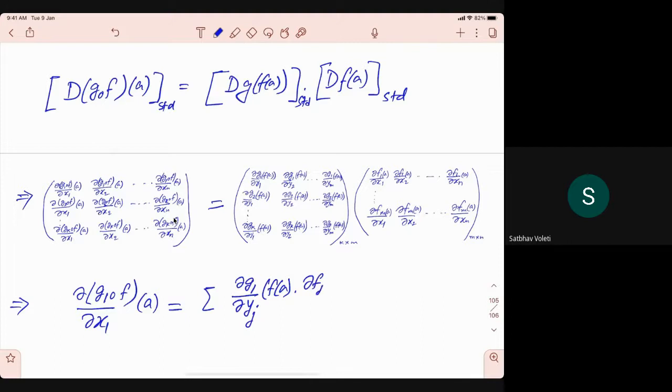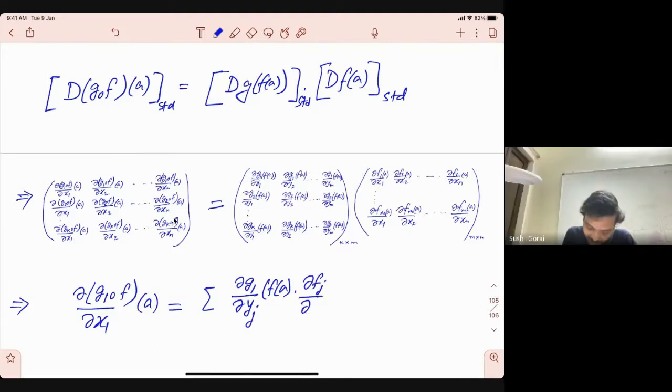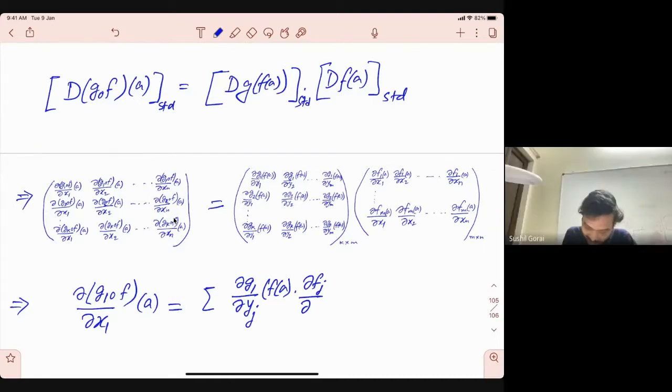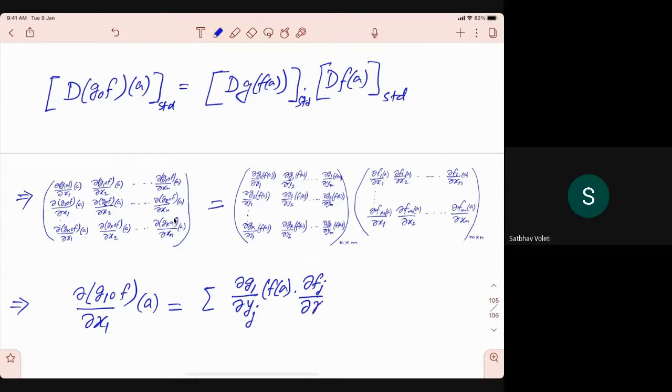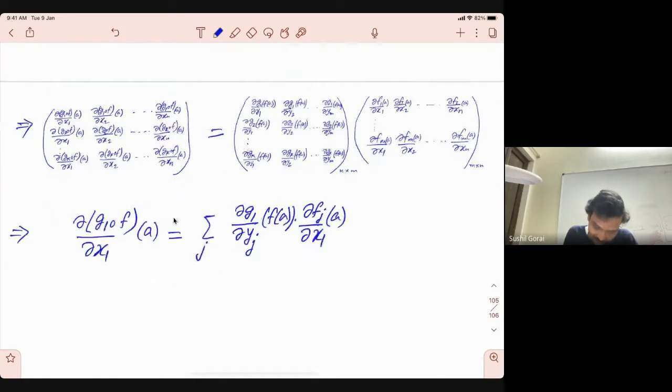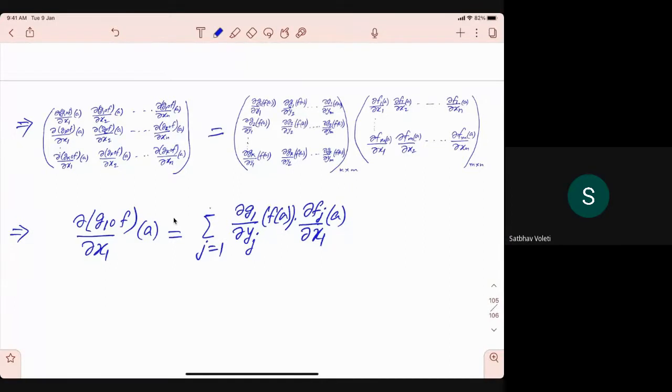You will do evaluation after taking the derivative. And what is this? Del xj by del x1 at a. Right. So j from 1 to m.